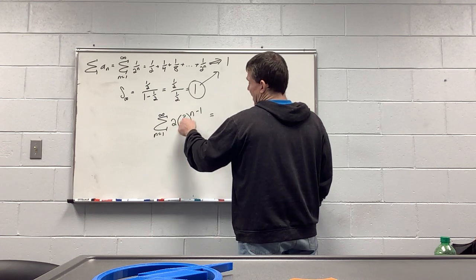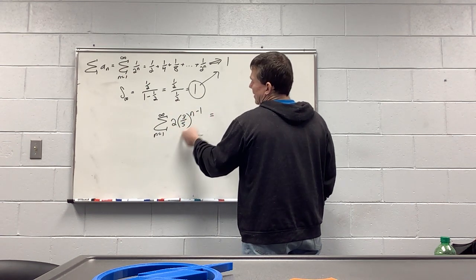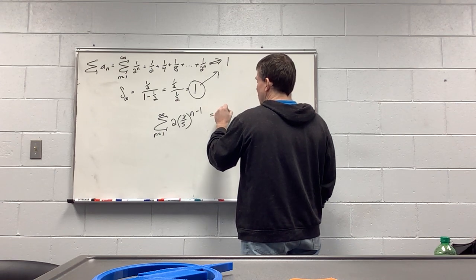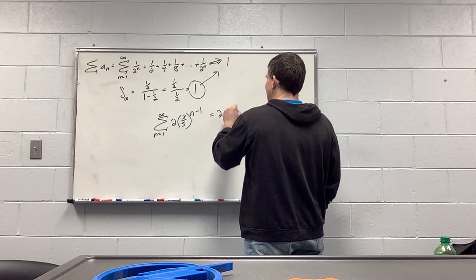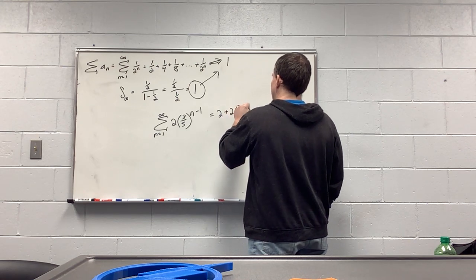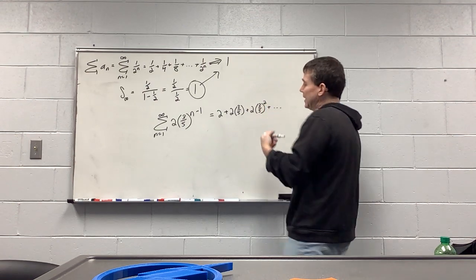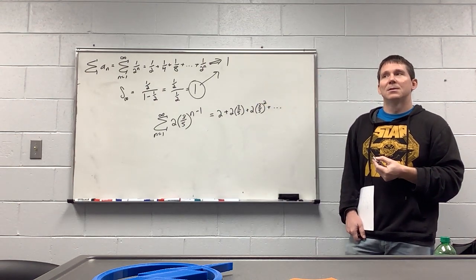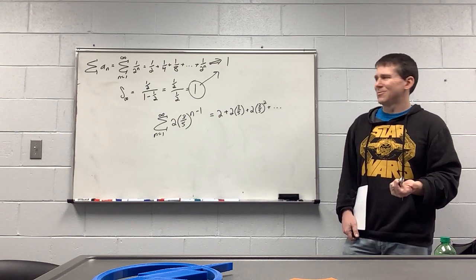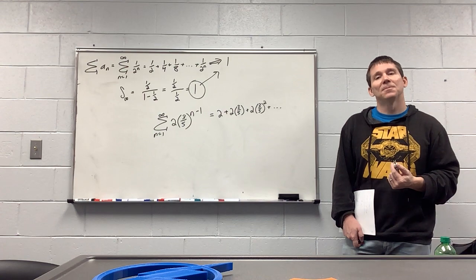When n is 1, n minus 1 is 0, anything to the 0 is 1, so I get 2. Plus the next term, 2 times 3/5, plus 2 times 3/5 squared, and clearly that's geometric with a ratio of 3/5. 3/5 is less than 1, ratio has an absolute value less than 1, that one will converge.